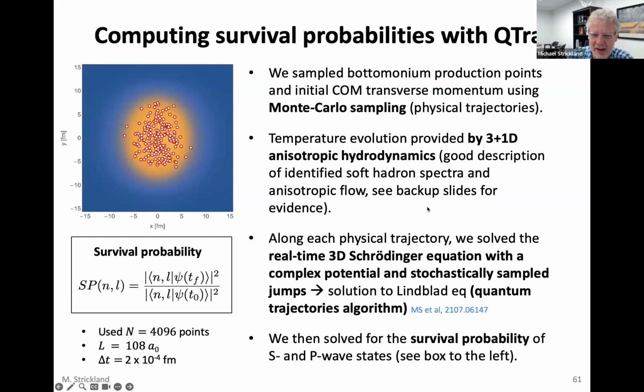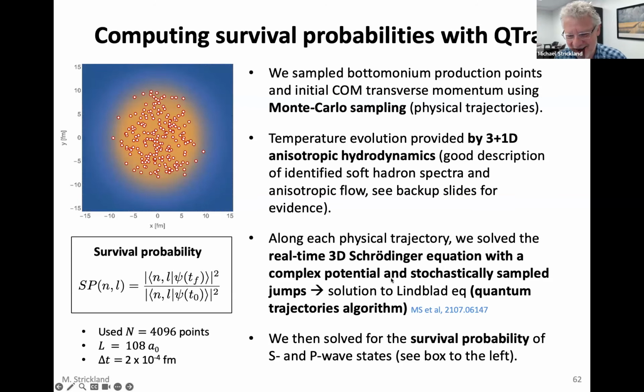There's nothing to tune there. And then we just shoot these guys through, and as they move along their physical trajectory, we solve this Lindblad equation by averaging over all these possible jumps using this quantum trajectories algorithm.